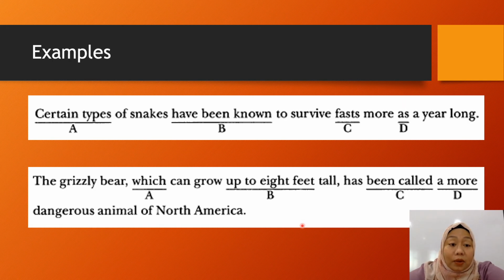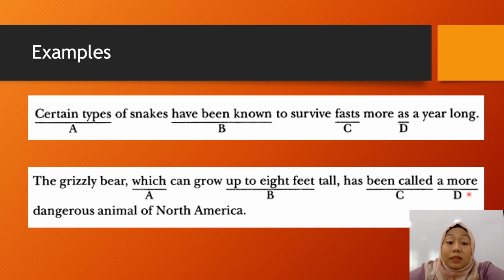What about the second one here? The grizzly bear, which can grow up to 8 feet tall, has been called a more dangerous animal of North America. What is wrong with the sentence? What makes the sentence incorrect? A, B, C, or D? Right, that's great.